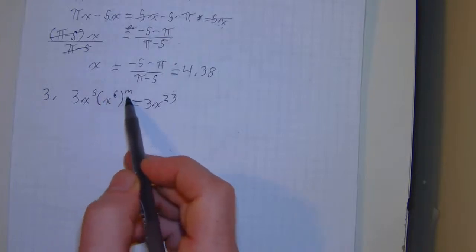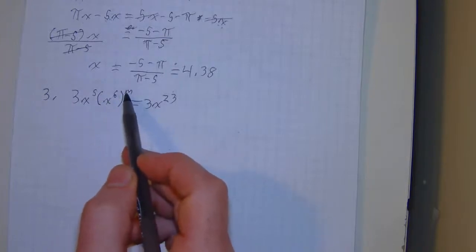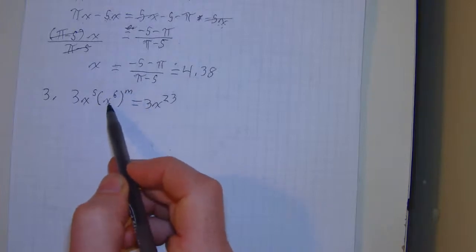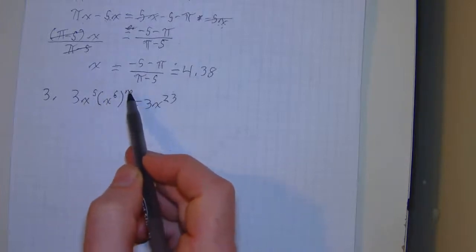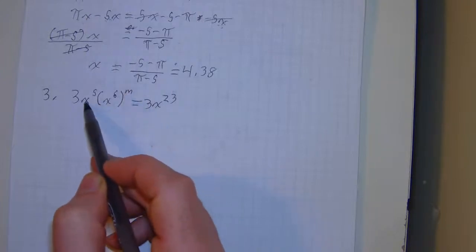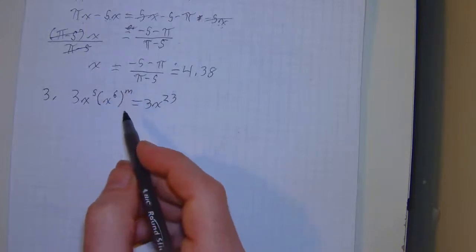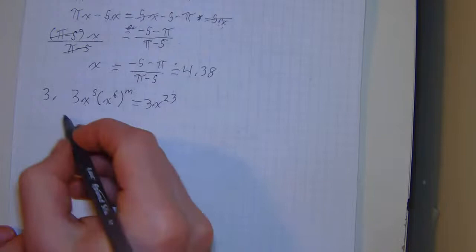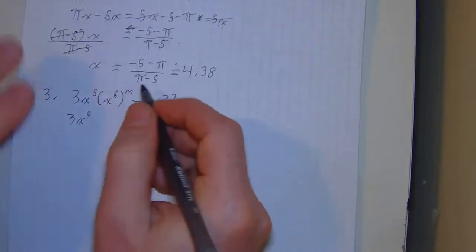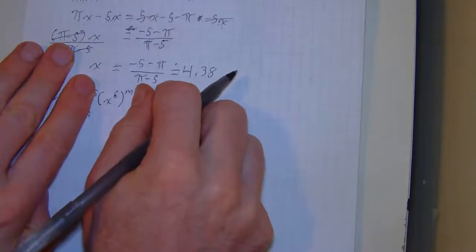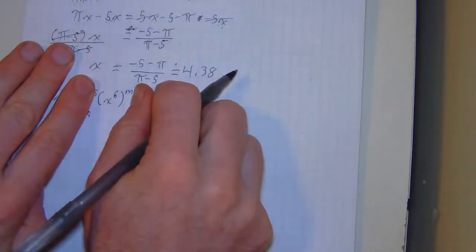So here we have a power, an exponent on our power, and then a multiplication. What do we do first? We do the exponent before we do the multiplication. So that means we're going to get 3x to the 5 staying that way, and we need to deal with this part here, x to the 6 all to the power of m, first.